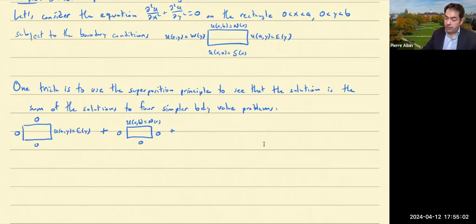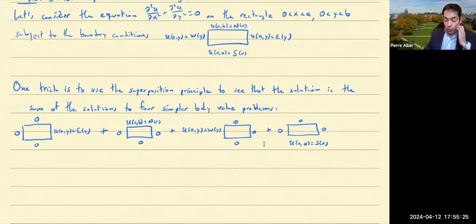And then at the left boundary, we impose this boundary condition, but at all of the other boundary conditions, we impose 0 boundary condition. And then finally, suppose we put 0 boundary condition everywhere except at the bottom, right?